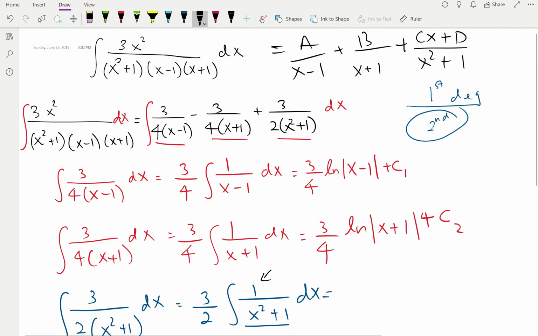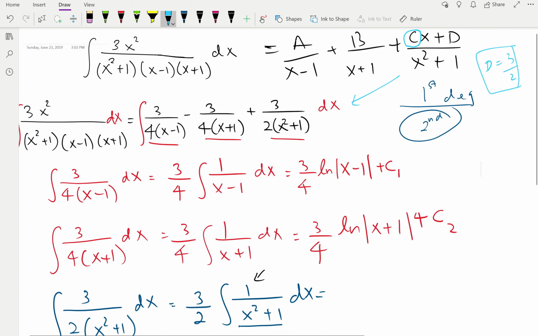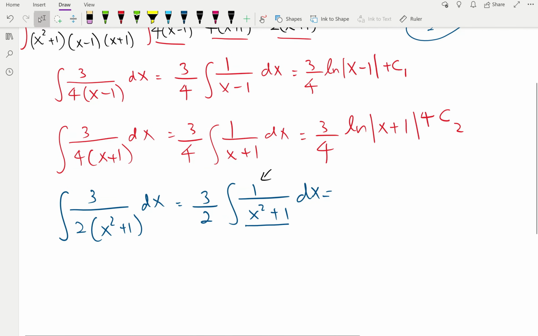But when we evaluate the constants, it turns out that c was 0 and d was 3 over 2. So that's what happened in this particular problem. The coefficient of the x term vanished. c is equal to 0. So rather than getting a first degree polynomial, we get a constant.